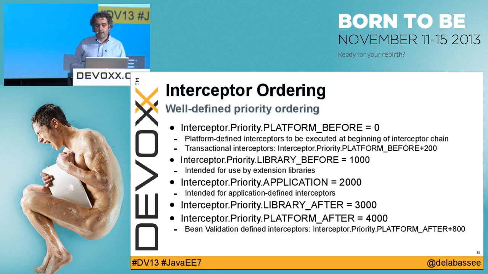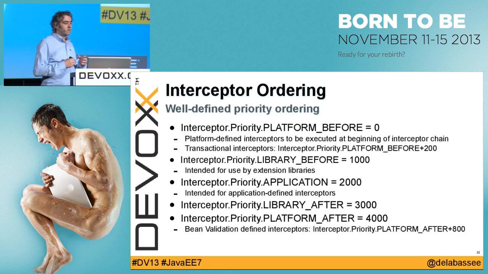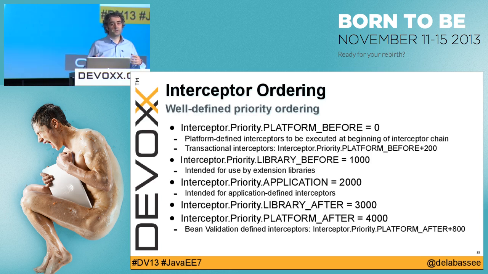It's number based, and the specification also defines ranges that should be used. Nothing forces you to use those ranges, but it's a good practice and a good idea to stay within those ranges.